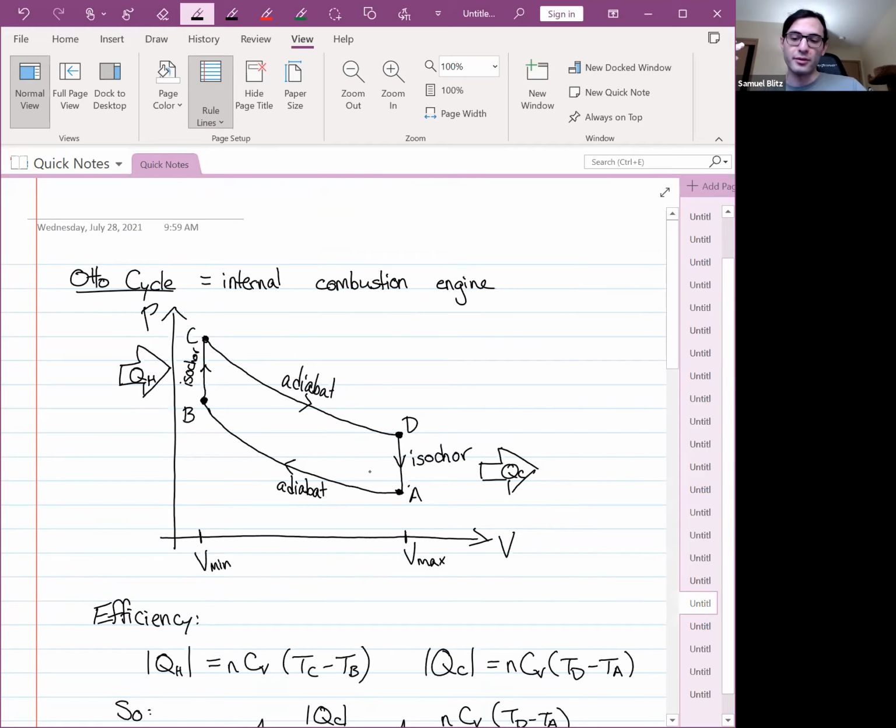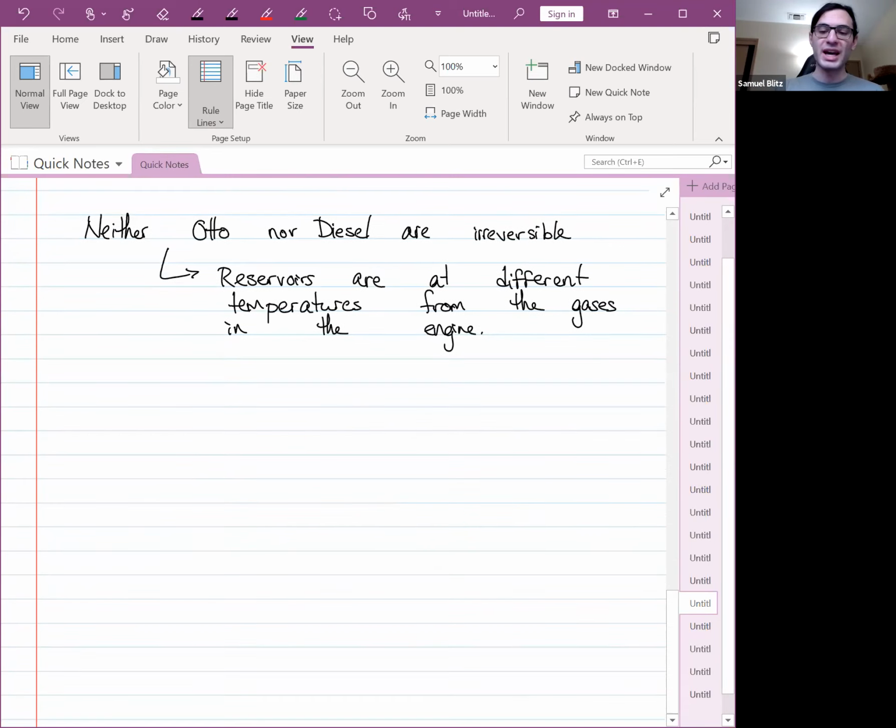It would cool down the gas, but you couldn't reverse that process because there is a temperature differential. Whereas if the only time heat flowed was when there was zero or minimal temperature differential, then you could potentially have a reversible process. And we know that in general, reversible processes will be more efficient. There's a reason why irreversible processes are irreversible, and it's because something's lost that can't be regained without expending extra energy.